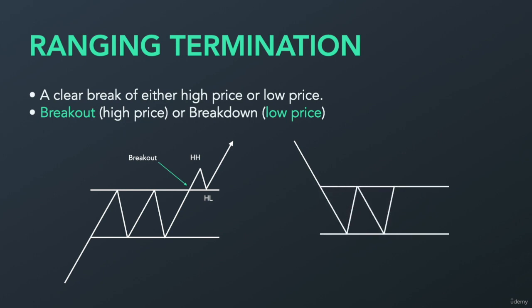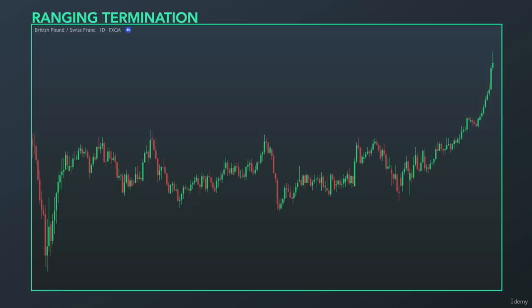Again, we are in a sideways market, and then suddenly price breaks through the lower end of the range. So we had a breakdown. Okay. So we should see a lower low, and then lower high, and then lower low.